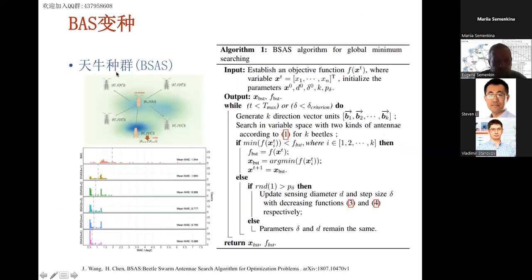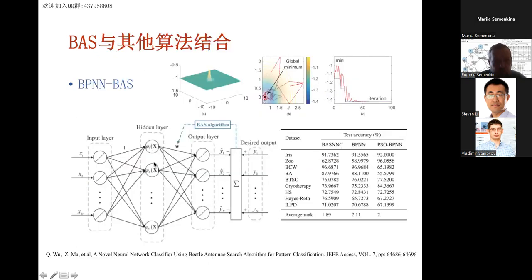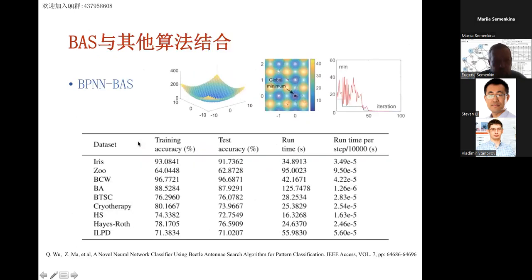This is another extension from a single beetle to multiple ones, which is called BAS-An. They also used it for different applications and achieved good results.